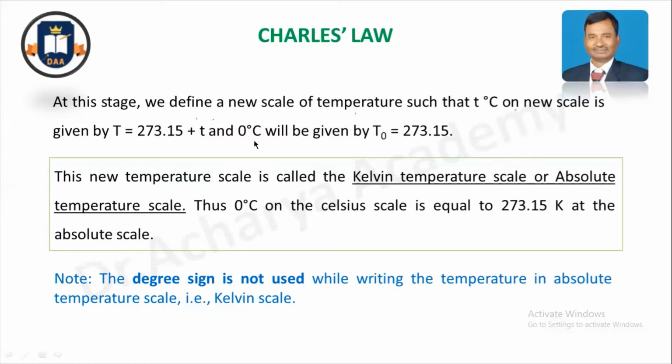So at 0 degrees centigrade, what will be capital letter T, our new scale of temperature? Then capital T will be denoted as T0, and in that case T0 is equal to 273.15, because in the equation on the left side, small letter t is 0.